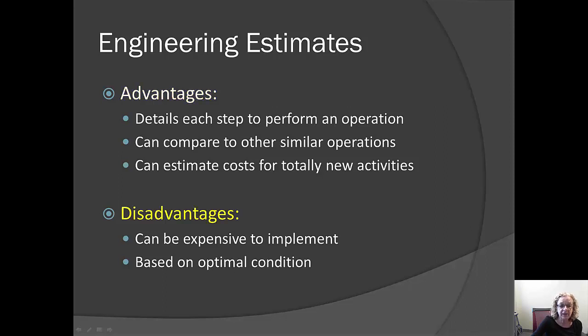Number one, it can be very expensive to perform these estimates. It takes a lot of time. We may have to have some specialists come and observe what we do. And of course, these engineering estimates are generally performed under optimal conditions, not ordinary factory situations.